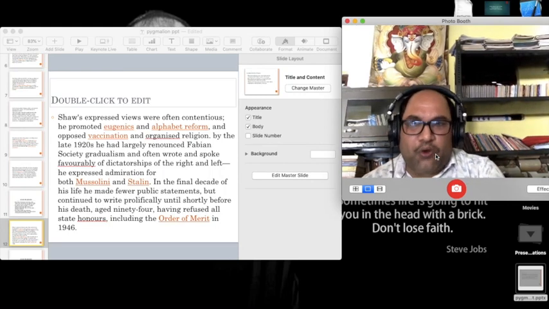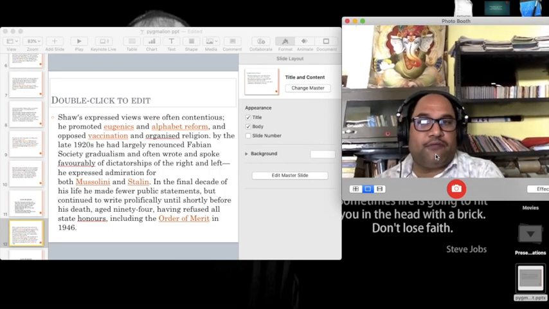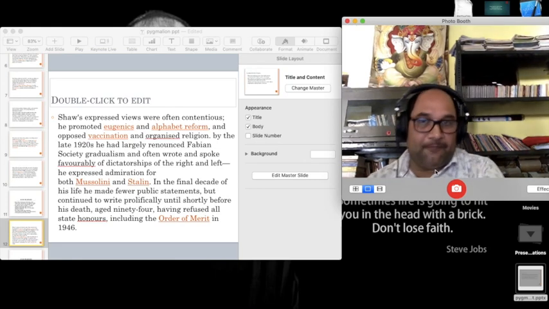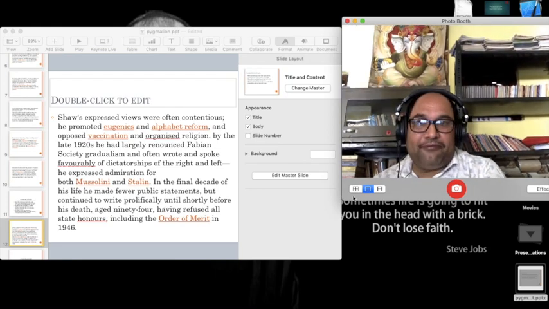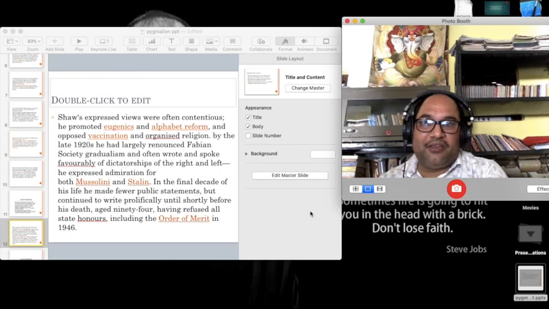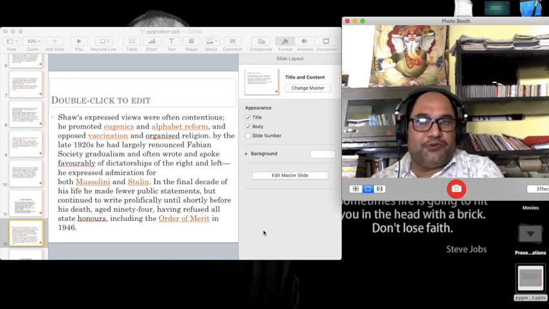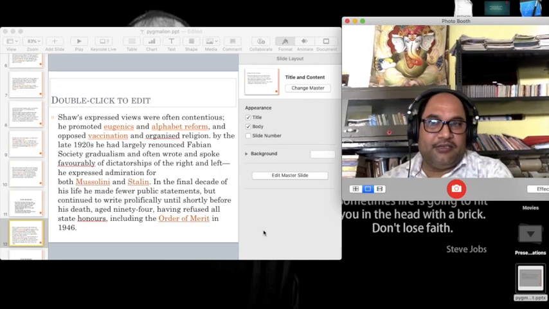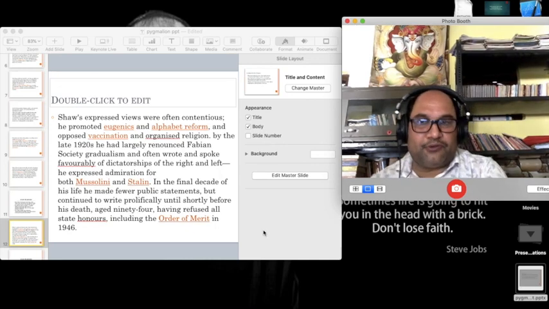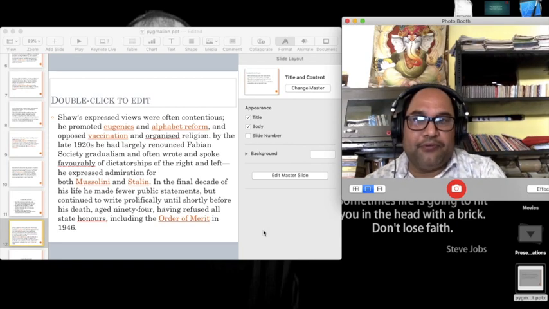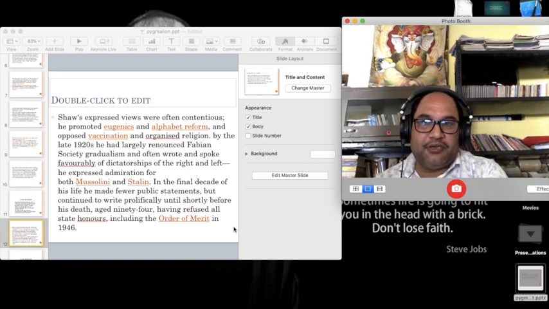Very strange it was, but he expressed admiration for both Mussolini and Stalin. In the final decade of his life, he made fewer public statements, but continued to write prolifically until shortly before his death, aged 94, having refused all state honors, including the Order of Merit in 1946.